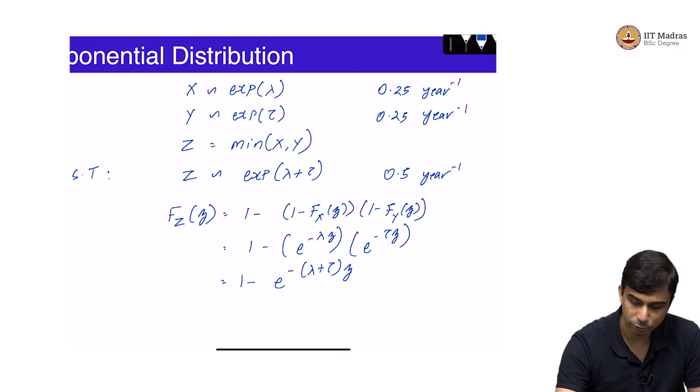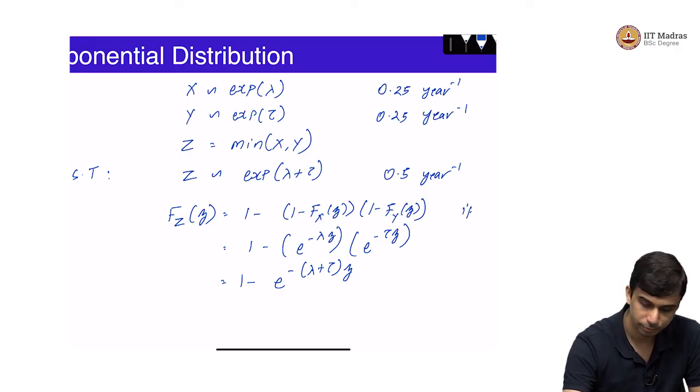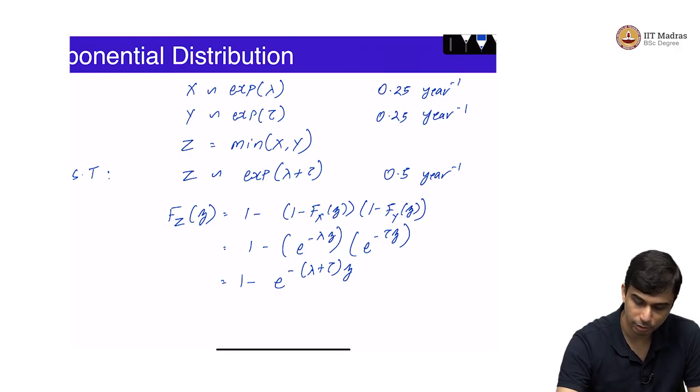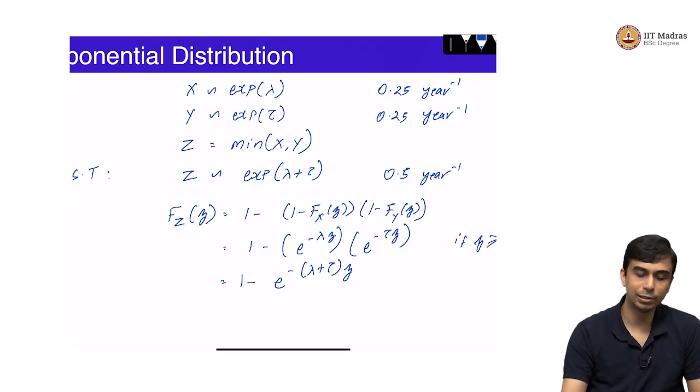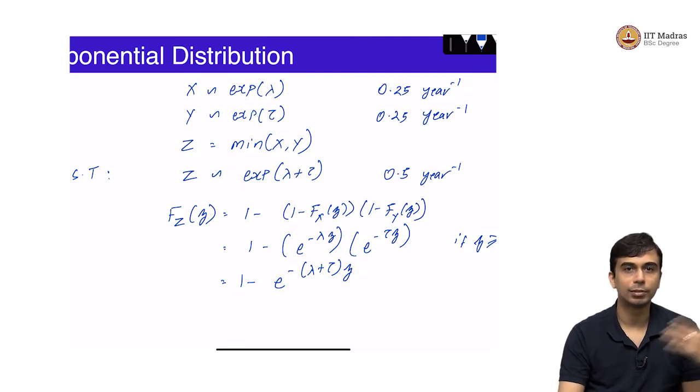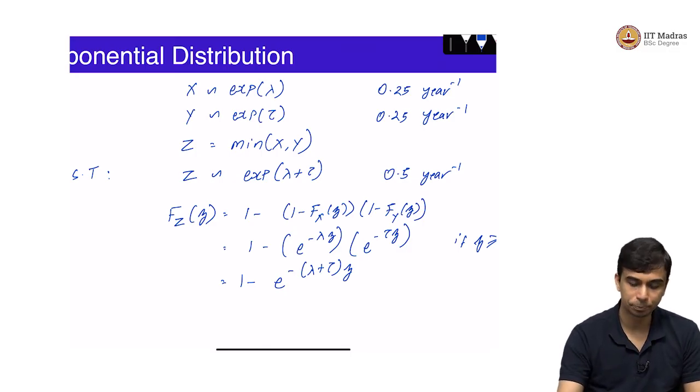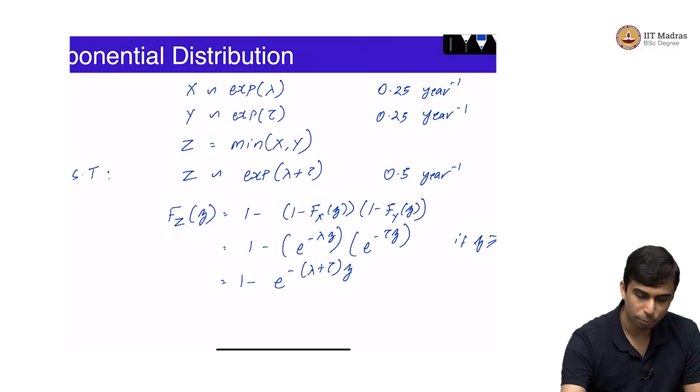This is if z is greater than or equal to 0. If z is less than 0, then it is clearly 0, because your CDF of Z cannot take negative values. Now, what is the density?